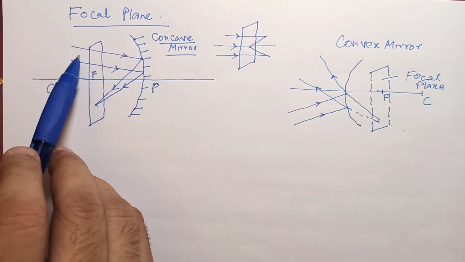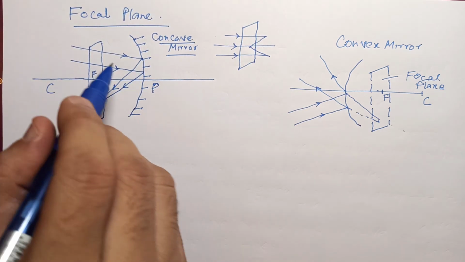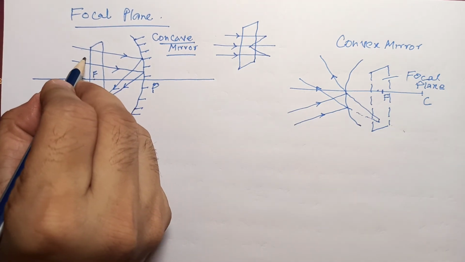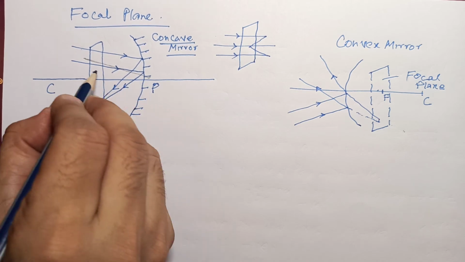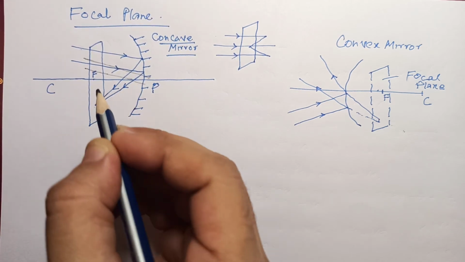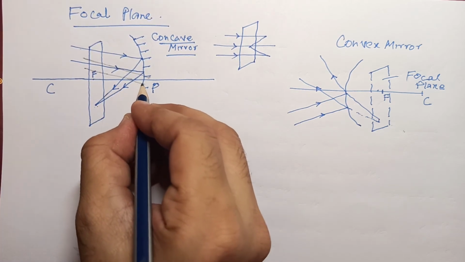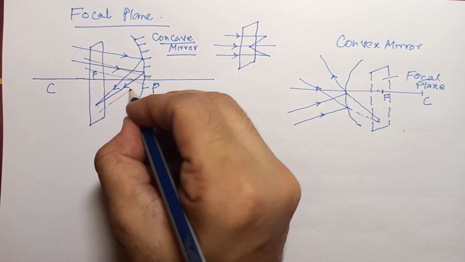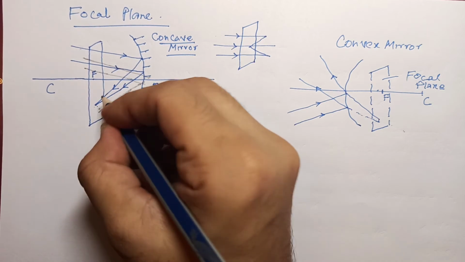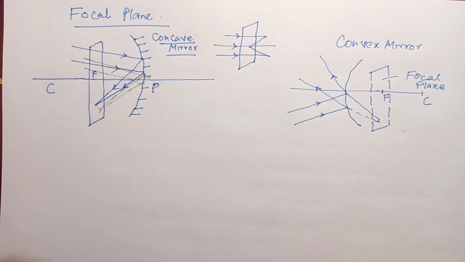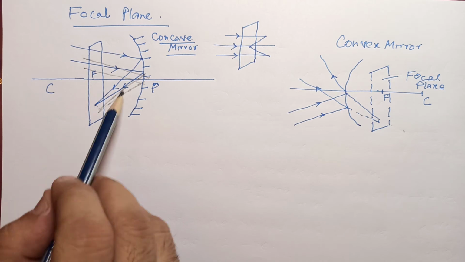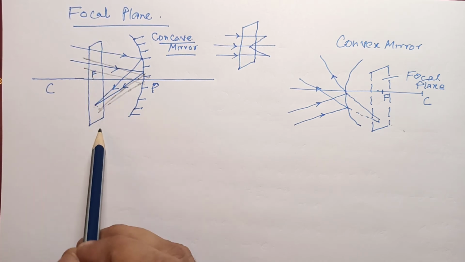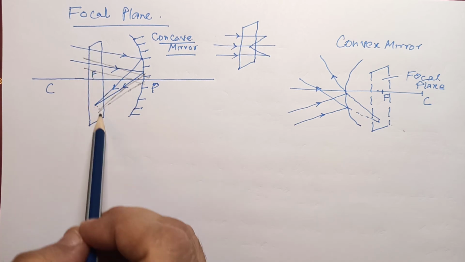Now if I tilt it further, let's say if I just make it like this, then in this case also, in any case, the rays will meet in a plane which is called a focal plane.